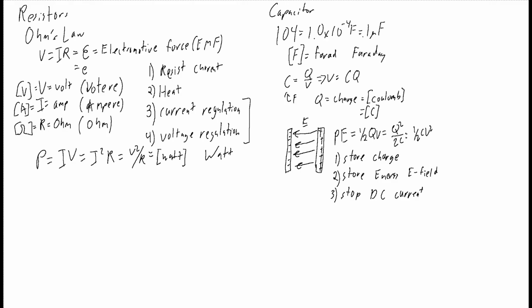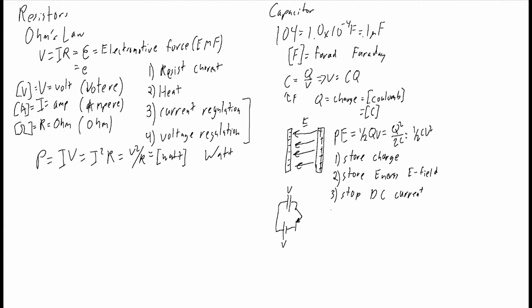So what happens is you have your capacitor look like so, and then you put a battery here, and then you got your switch here. Initially this has no charge on it, and then you close the switch, and so current will start to flow around. As the current flows, the charges build up, and eventually you get a voltage here that opposes the voltage here. And so this voltage will stop the flow of DC current into here.